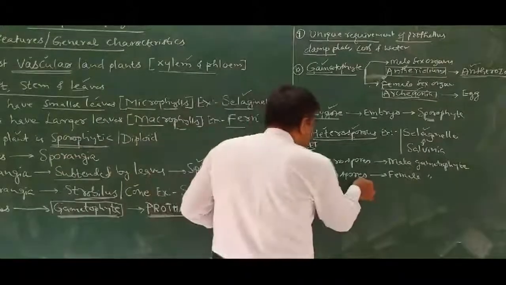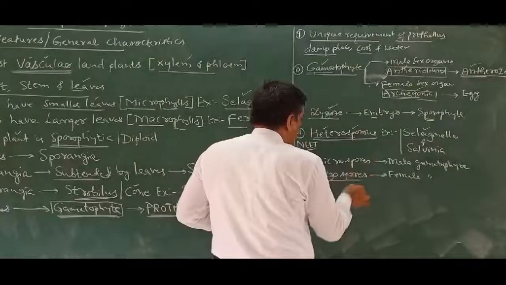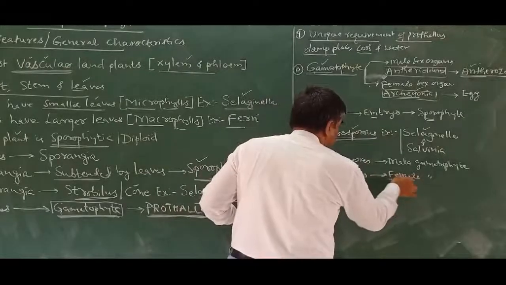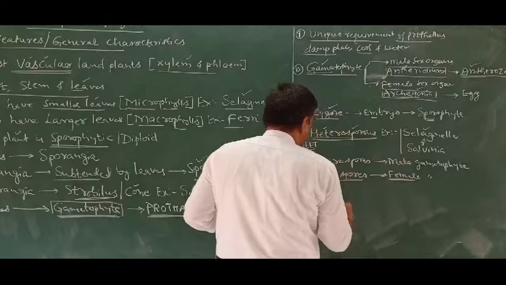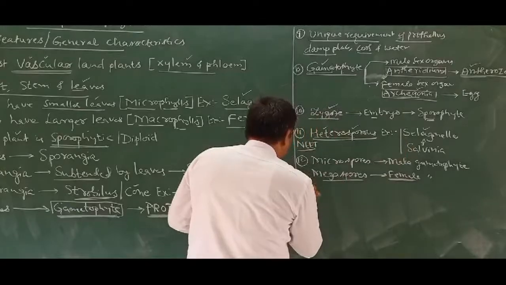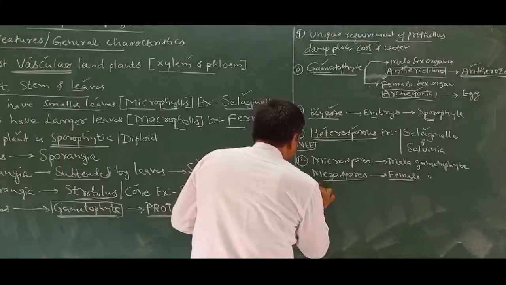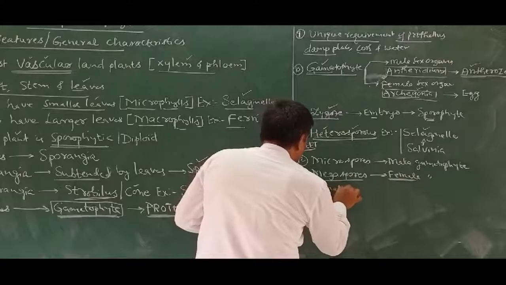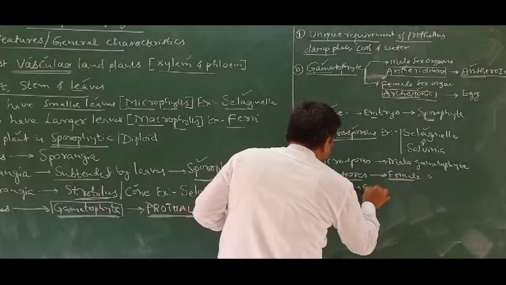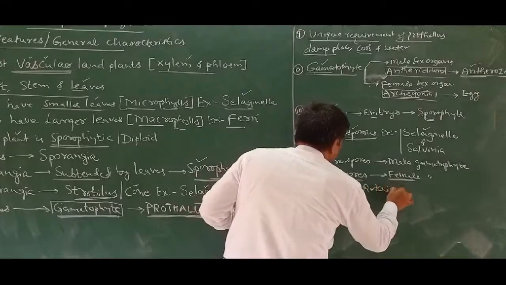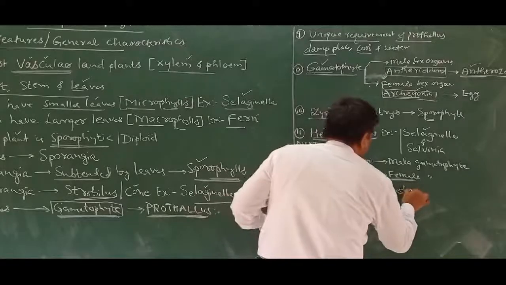This megaspore develops into the female gametophyte. This female gametophyte is retained. It is not separated. It is retained in the sporophyte.